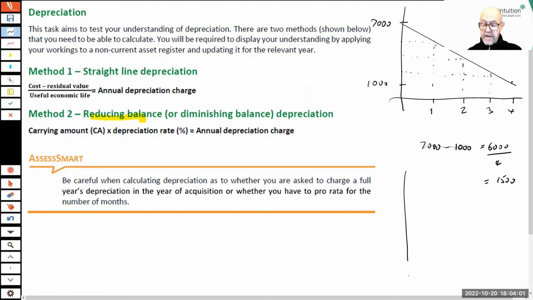And in this case, if we bought the same asset for £7,000, it's not the most friendly figure. If we said that we were going to depreciate at 20% reducing balance, year 1, 7,000 cost times 20%, that's going to be £1,400.